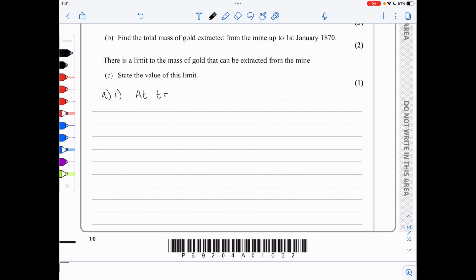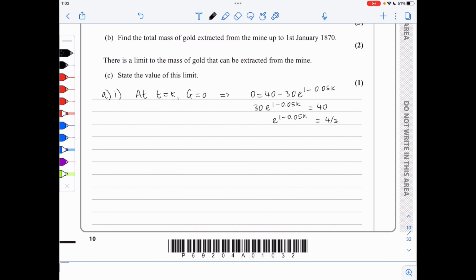At T is k, capital G is 0, which means that 0 is 40 minus 30 e to the 1 minus 0.05k. So 30 e to the 1 minus 0.05k is 40. So e to the 1 minus 0.05k is 4/3.